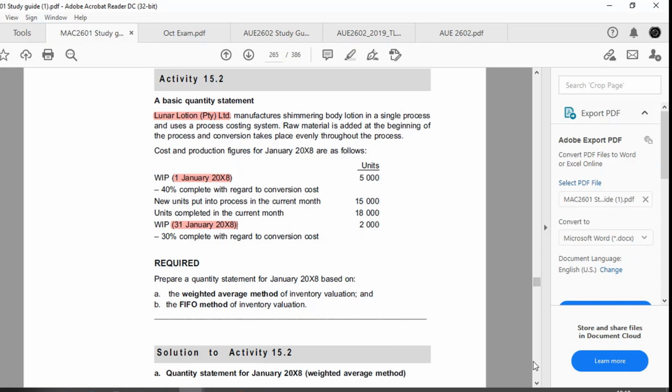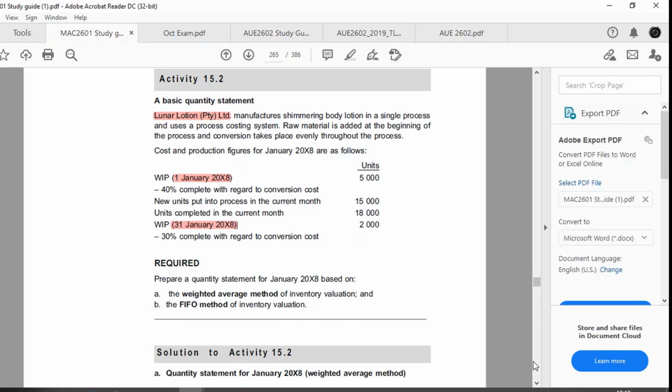Okay, so hold on. Basically what I did was I am trying to memorize how the quantity statement looks like. So as soon as I get asked in the exam, do a quantity statement on either one, it's a template that I stamp into my exam paper.